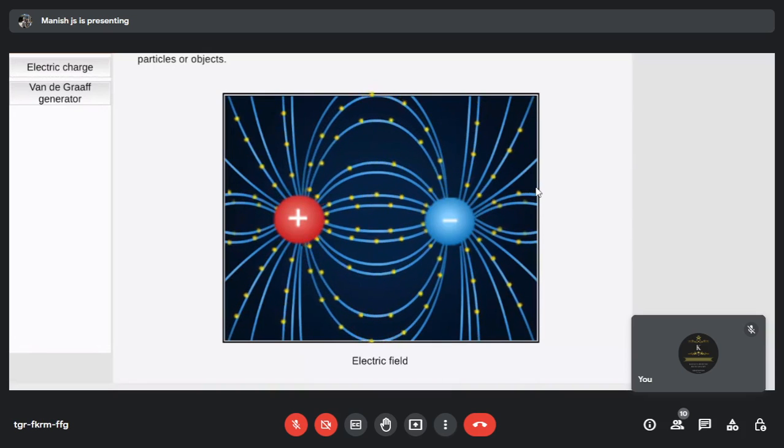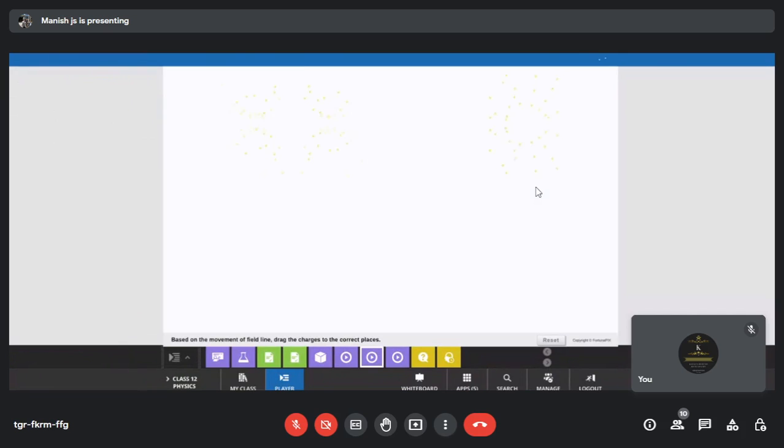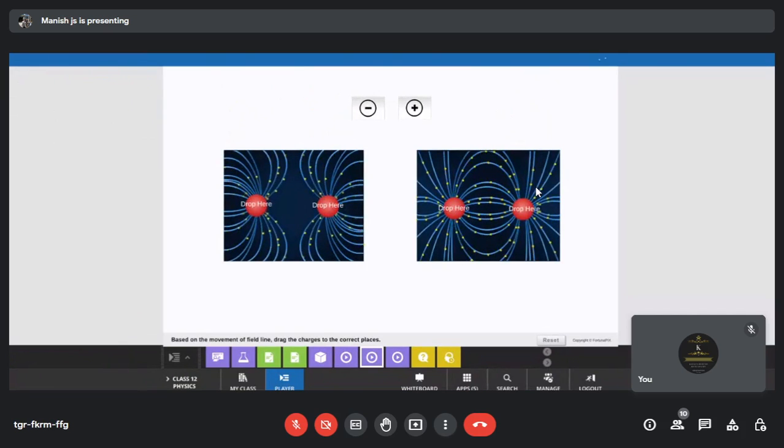You have a system of two charges. For the positive charge the field lines diverge, and for the negative charge you can see all the electric field lines are converging. So that is about the electric field.